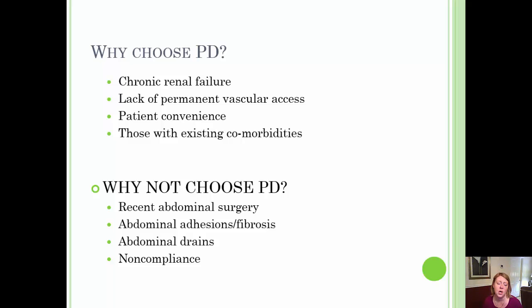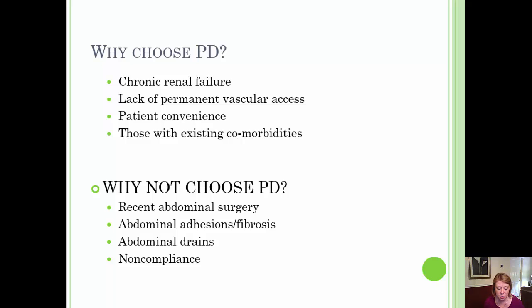You would want to avoid using peritoneal dialysis in someone that has an abdominal drain. Anything that you would put in, the dialysate that you would put into the abdominal cavity, would simply come back out of an abdominal drain and would be an ineffective form of treatment at that time.